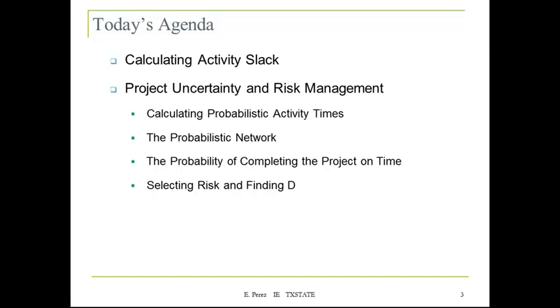So we're going to calculate probabilistic activity times, develop a probabilistic network, and compute the probability of completing the project on time. And then we're going to decide, based on the risk, what will be that estimate in terms of the duration of your project. So we have a couple of things that we need to cover today.